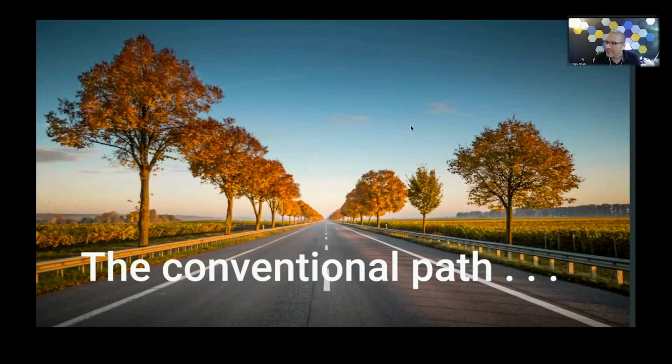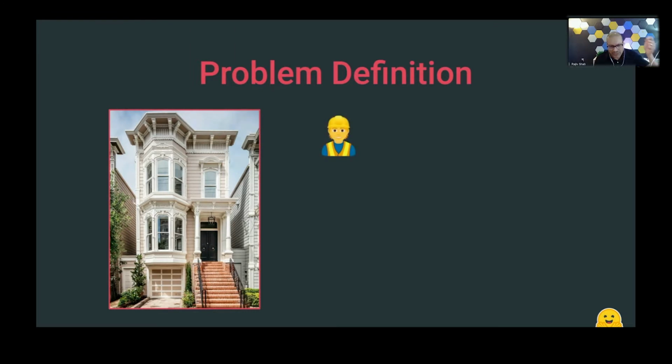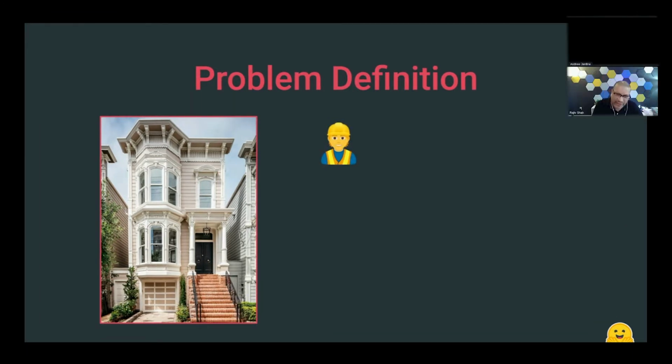So let's talk about data science today. Like most enterprises, how is data science going? If we take a problem like I have a house and I want to understand the value of the house, how do we do that? Often what we do is we send someone out there with a ruler, and they measure.